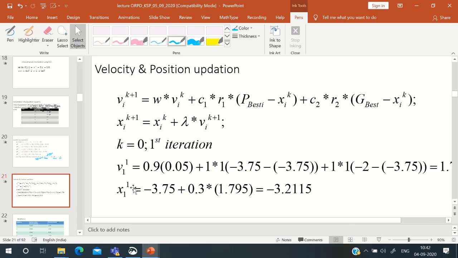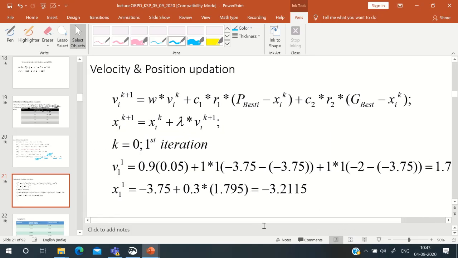So the new position of the first particle, x1 superscript 1, is equal to x1 superscript 0, k is equal to 0, and for the first particle it is minus 3.75, plus lambda. It is a constriction factor, it is a constant, later on we will see this factor, into v1 superscript 1, which is 1.795.